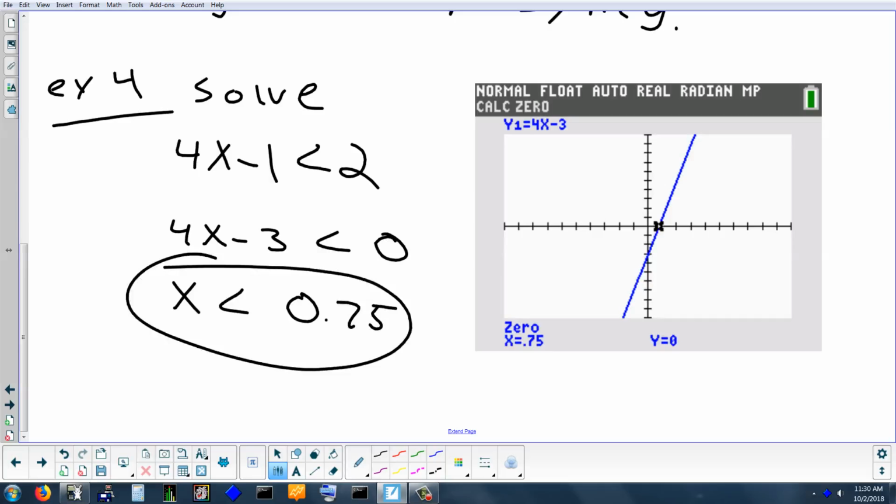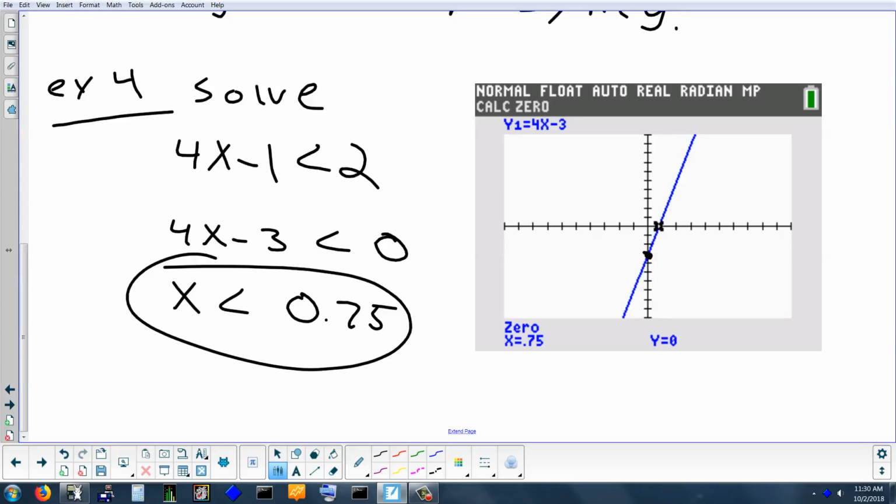If you pick x values that are less than 0.75, like say you pick 0, you're down here. If you pick negative 10, you're way down, okay? If you start picking values more than 0.75, you're going to be up above the axis, and that's not what they want. Any questions on that one?